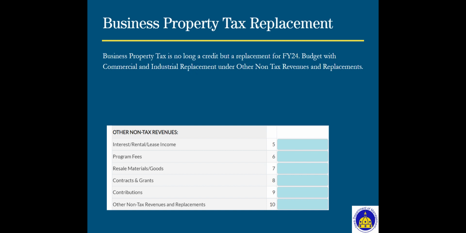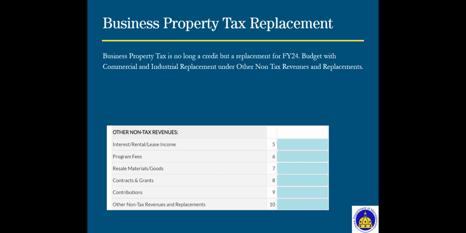Business property tax replacement. So property owners used to receive an opportunity for a credit called the business property tax credit. Some legislation was put into place to change this from a credit on levied taxes to a reduction in valuation. It's actually a two-tiered valuation reduction on commercial, industrial, and railroad property.